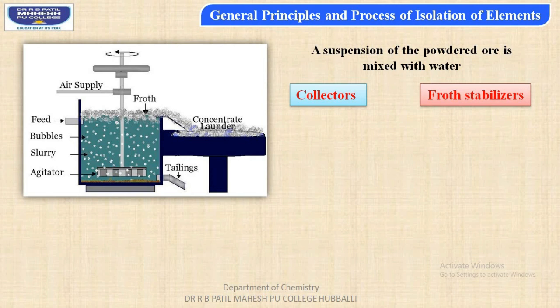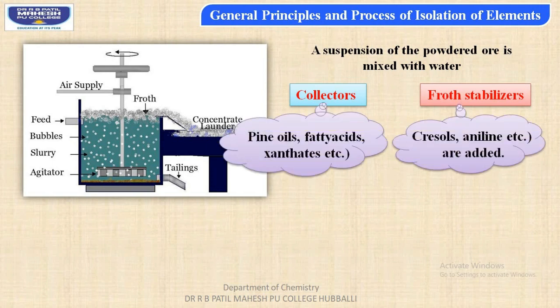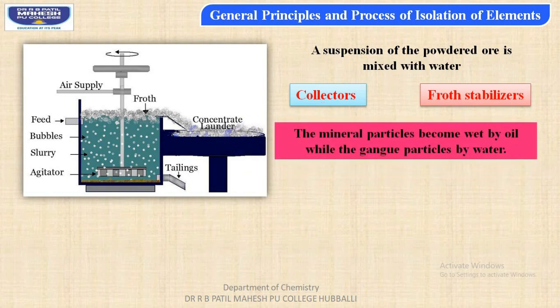So the main role of the collectors, as you know, they would be preferentially wetting the ore particles, whereas froth stabilizers, they are stabilizing the froth which has been formed. So example for collectors, pine oil or else fatty acid, xanthate, and for froth stabilizer it can be cresol, aniline, etc.